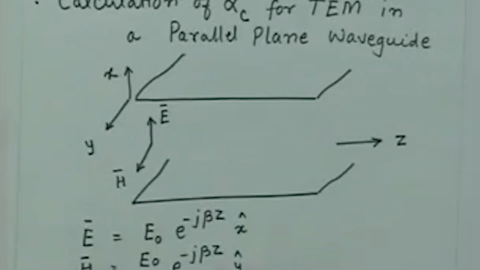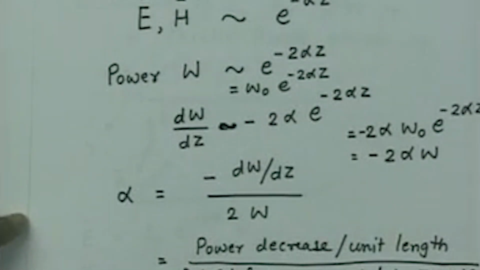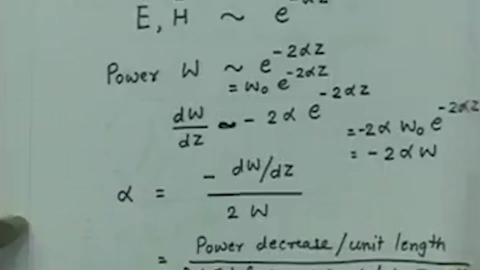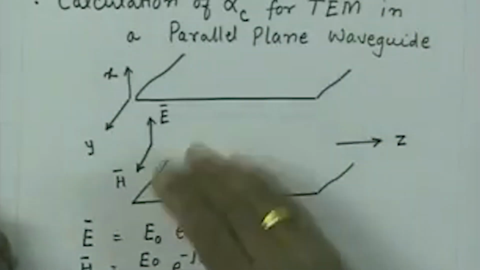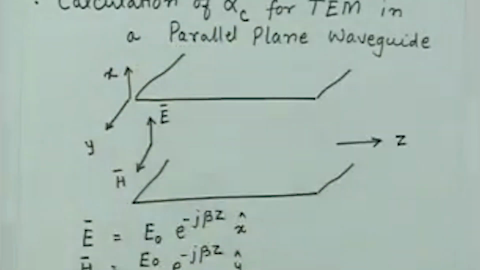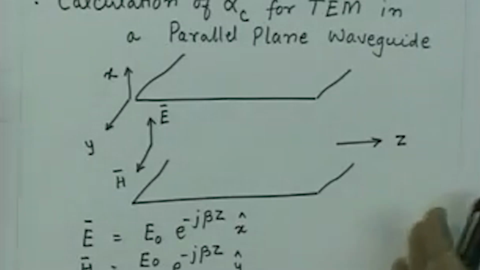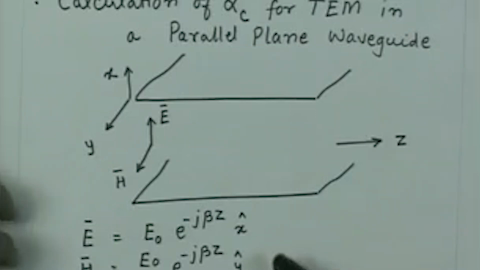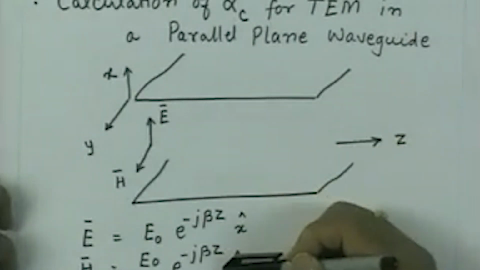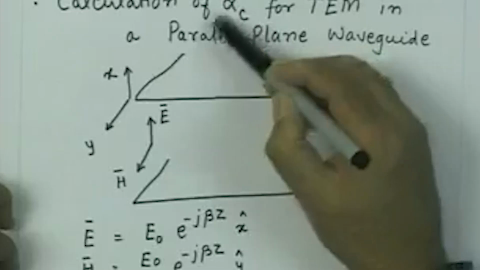Now since the waveguide is infinite in the y direction, if we go by this relation and find out the total power carried by the waveguide, then this power will be infinite, because of the cross section of this waveguide. If I consider the total waveguide in y direction, the total power carried will be infinite, the total loss will be infinite, we will not get any meaningful answer. So normally what we do, we can define the attenuation constant per unit width of this waveguide.